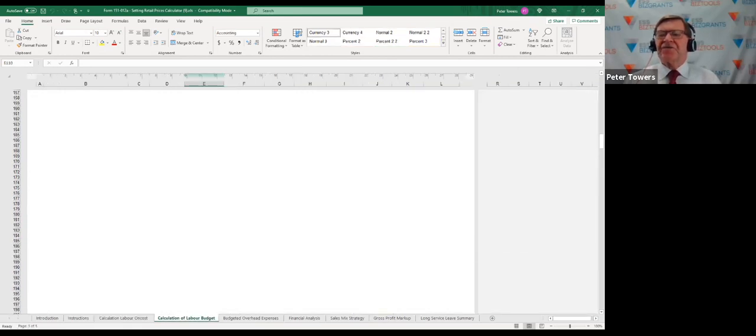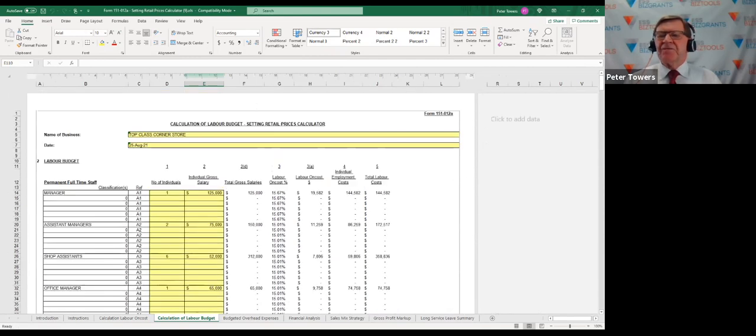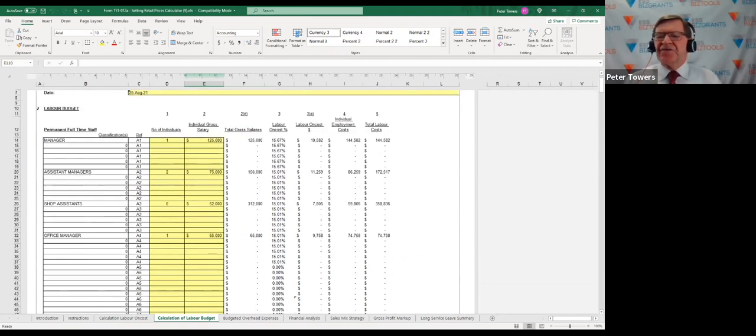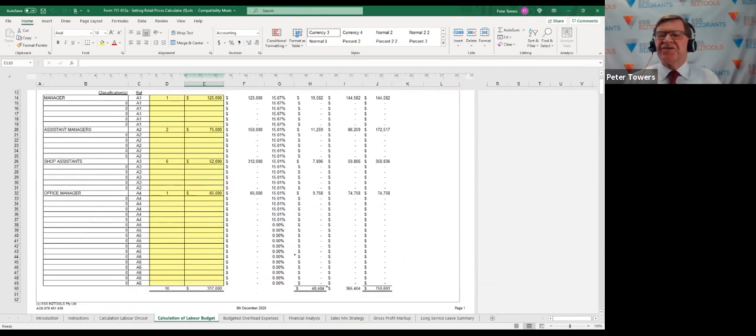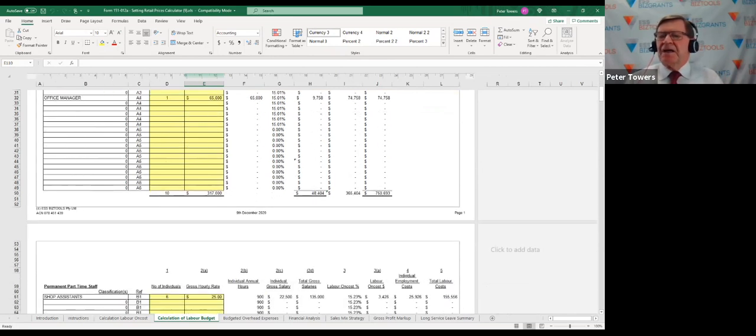So we now link through to the labour budget. We've got one manager at $125,000. The system's calculated the labour on cost and the total labour cost. Then we've got the assistant managers, same sort of thing, the shop assistants and the office managers. So they're the people in the full-time permanents, and there's 10 of them.